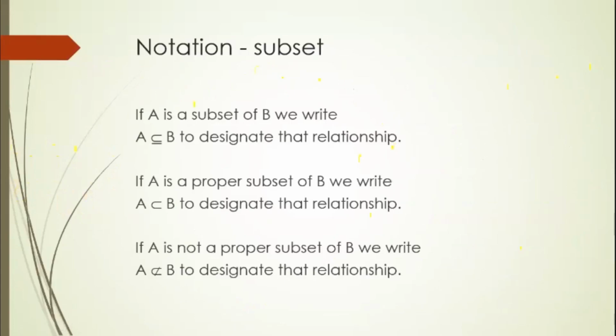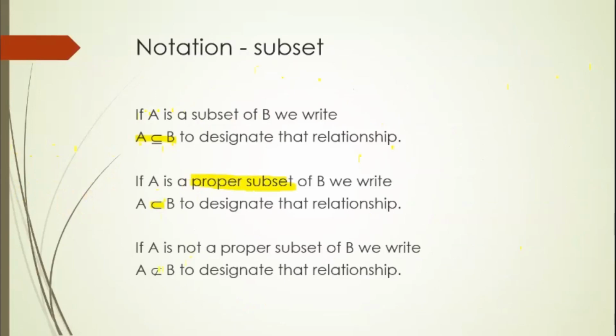About notation, of course. If A is a subset of B, we write it this way: A, B, your sets, and the symbol for the subset. If that is a proper subset, you would notice that the horizontal line was omitted already for the proper subset.